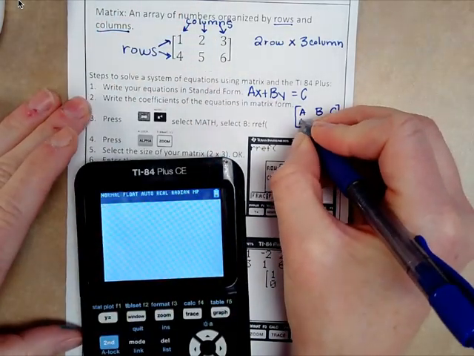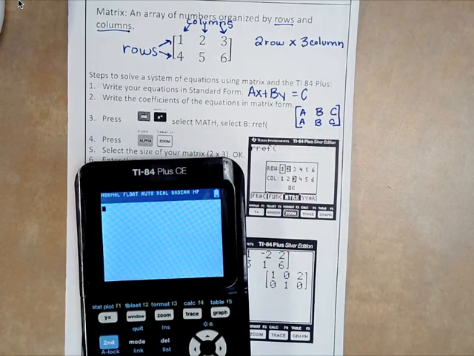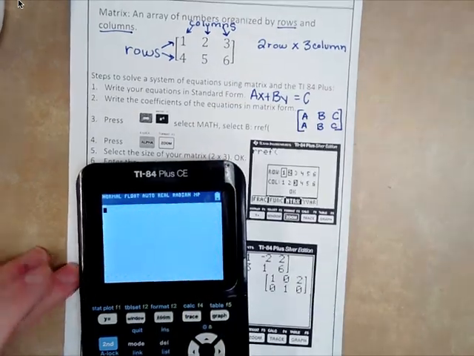And then the second equation, you're going to do the A, B, C. No operations. Unless there's a minus, then you're going to put your coefficient as a negative number. So you'll write your coefficients in matrix order, and then we're going to follow these steps.